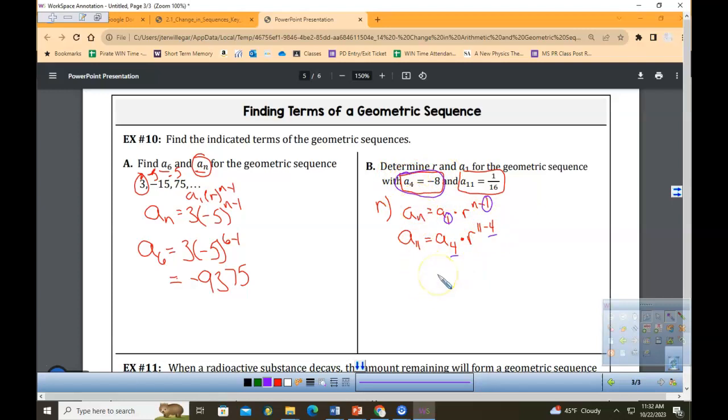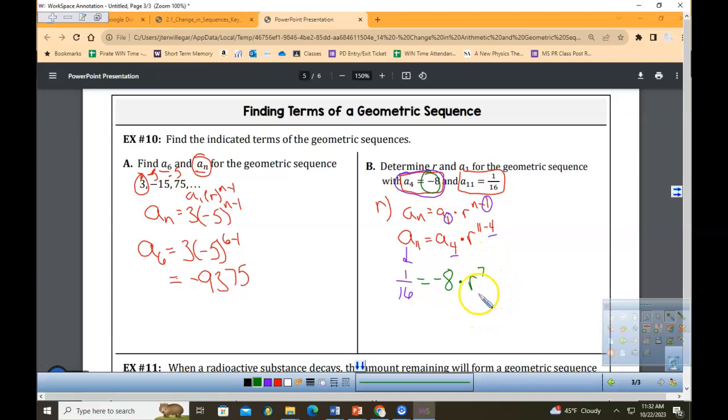I can plug in any of them. It's a recursive. I can do that. So a sub 11 is 1 over 16. A sub 4 is -8. I'm getting that from up here. I don't know my ratio, and 11 minus 4 is 7.